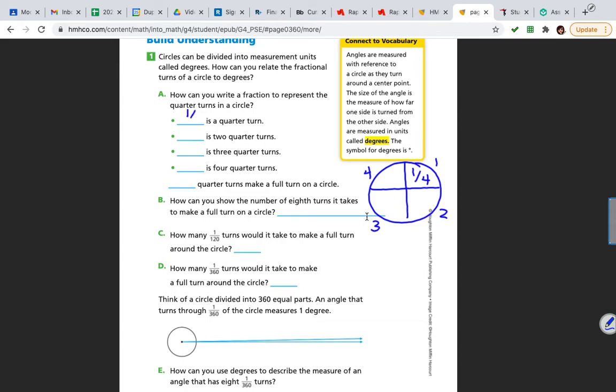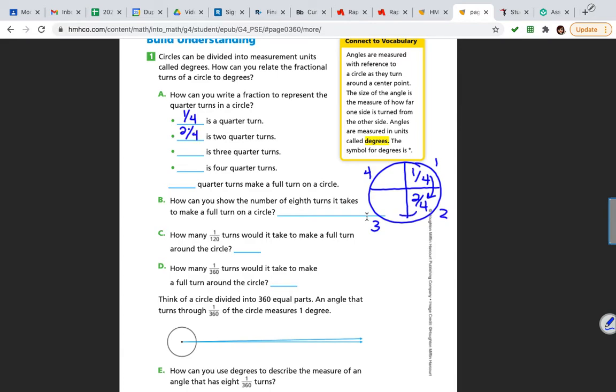Okay? So 1/4. If we turn it again, 2 turns will be 2 fourths, right? 2 fourths, that's halfway around. 2 fourths is 2 quarter turns. Maybe I should make this look prettier for y'all. So 1/4. This one is 2 fourths.